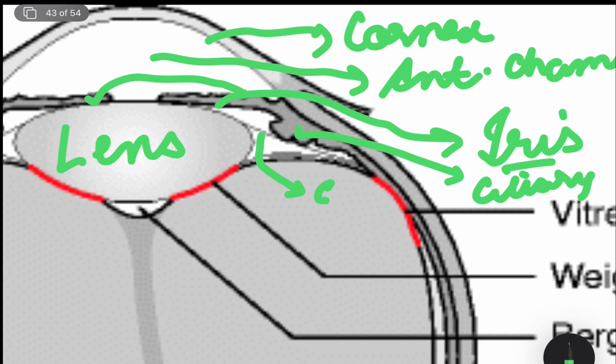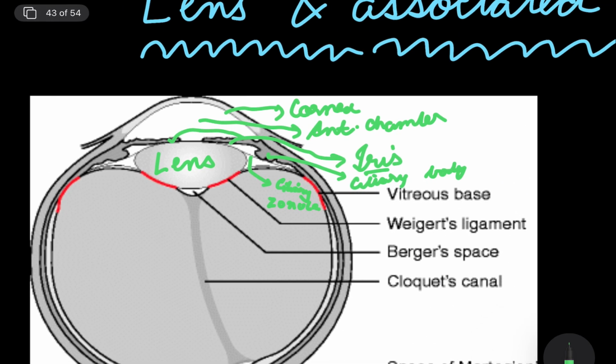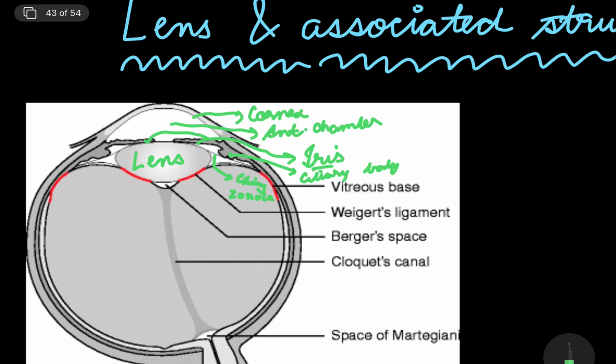They are called the ciliary zonules. So these are all structures and images that we have already familiarized ourselves with.